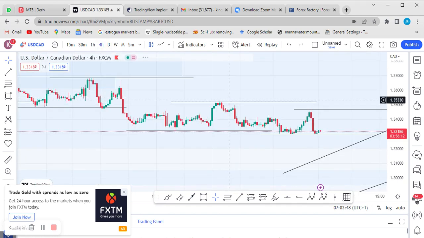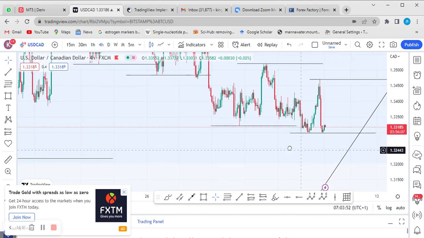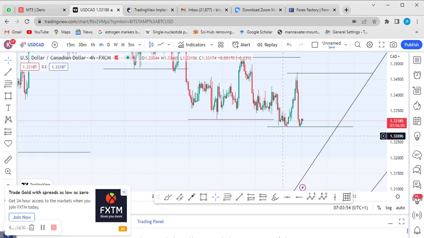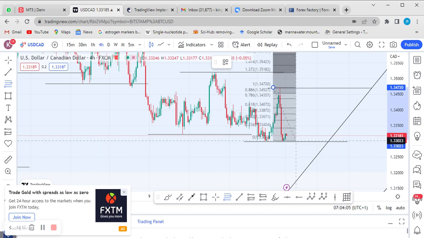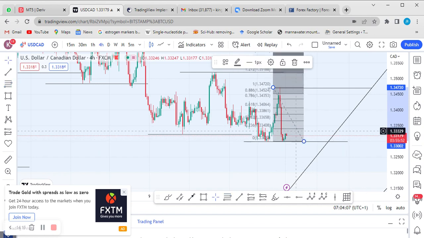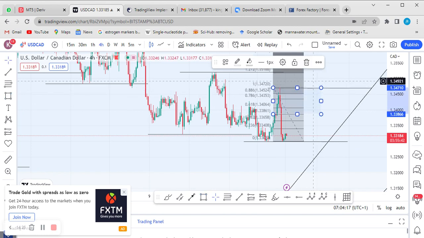Then I'll go all the way down to the 4 hour time frame to see what is happening. So we had a breakout. For me to short the market, if this is actually the point where price is pulling back, then I'll wait for price to touch equilibrium or enter into our premium zone.